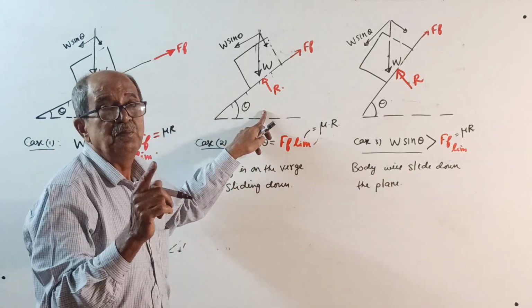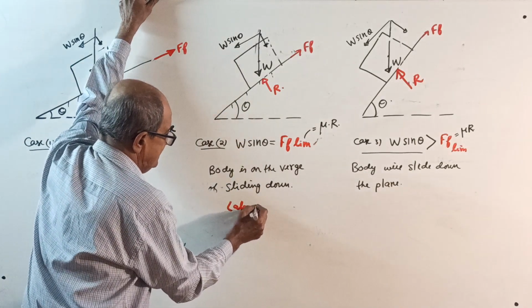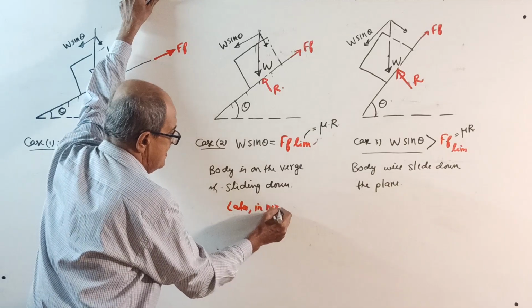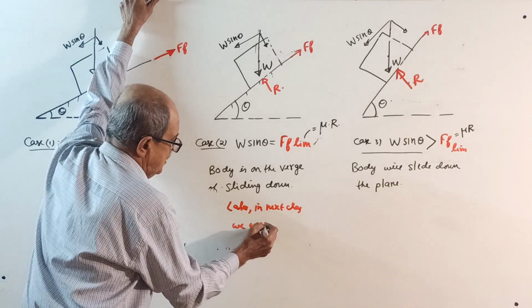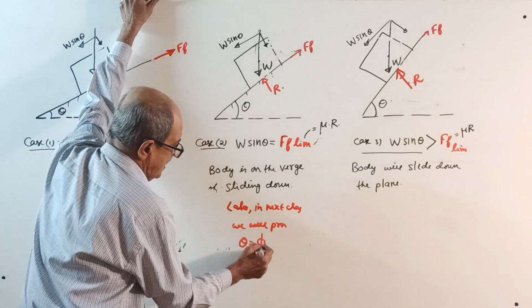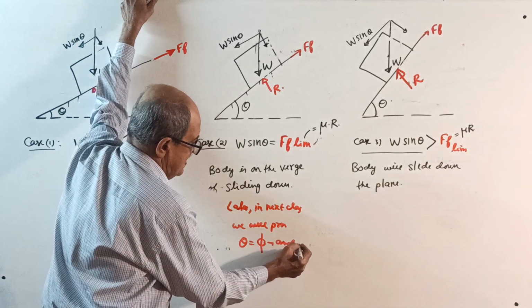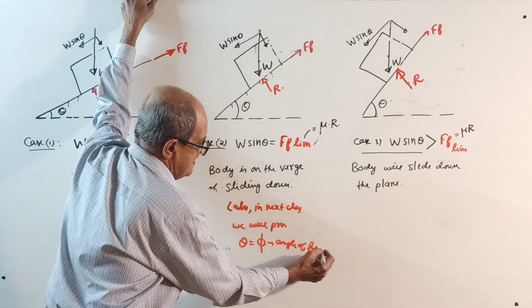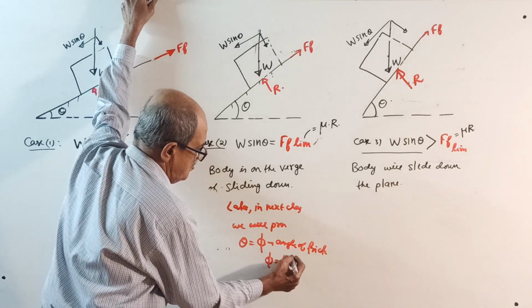Later, in the next class, we will prove that this theta equals phi. Phi is the angle of friction, that is phi equals tan inverse mu.